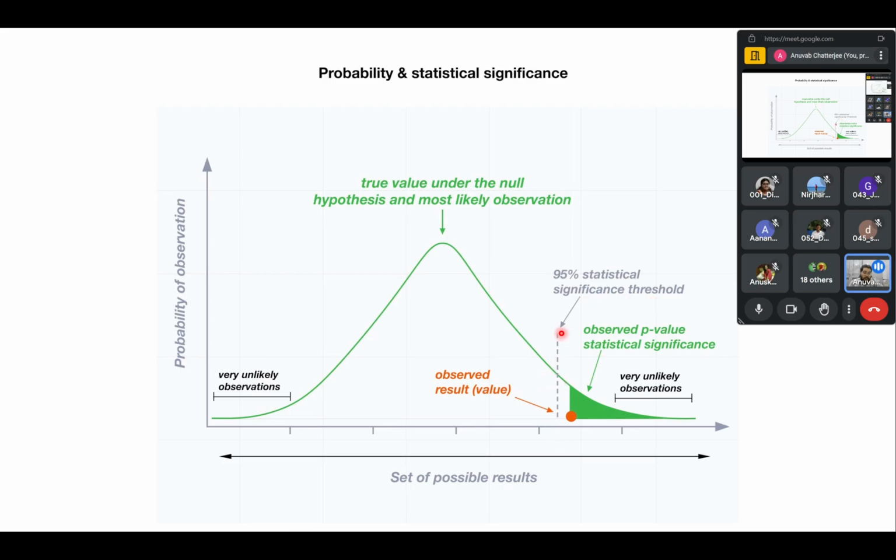Say the extreme 95%, either in the higher direction or in the lower direction. So this is called a statistical significance threshold. Most of the tests either have a 95% statistical significance threshold or even higher, and this is where the graph should have started dying down.